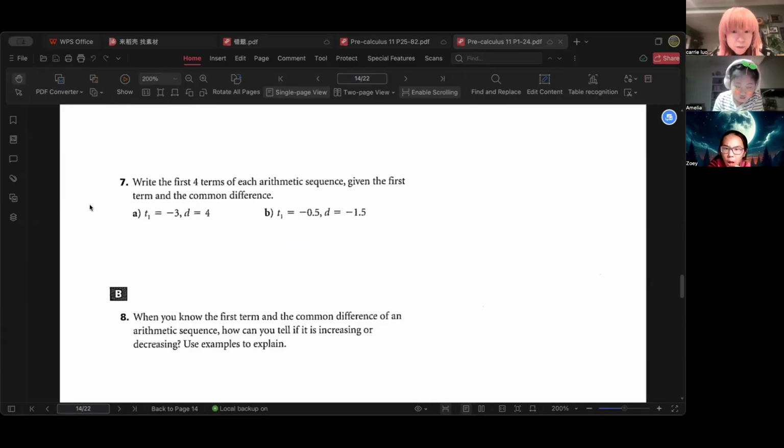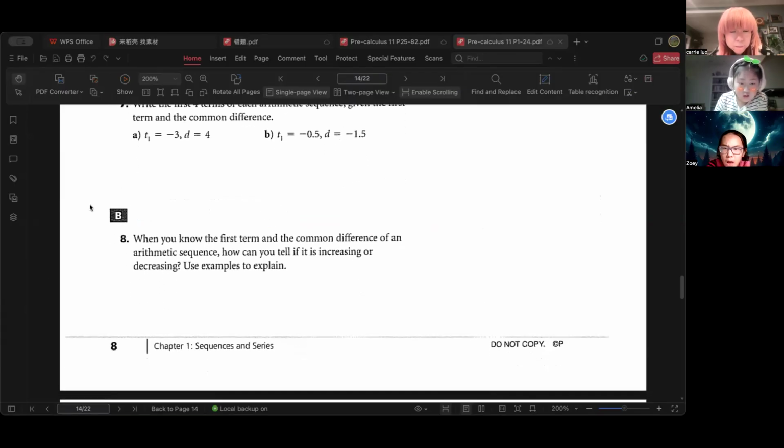So, Amelia, could you please read number 8 for me? When you know the first term and the common difference of an arithmetic sequence, how can you tell if it's increasing or decreasing? Use examples to explain. Okay, can you do it directly? If you know the first term and the common difference of any arithmetic sequence, can you immediately know if it's decreasing or increasing?